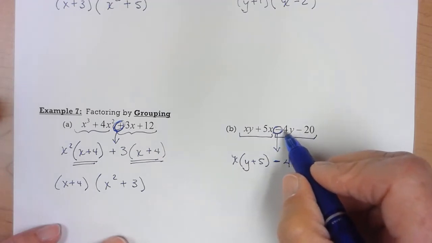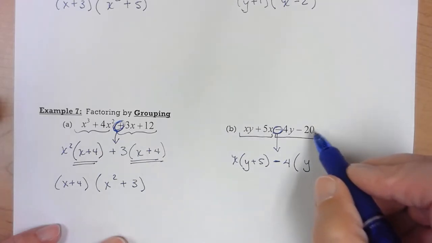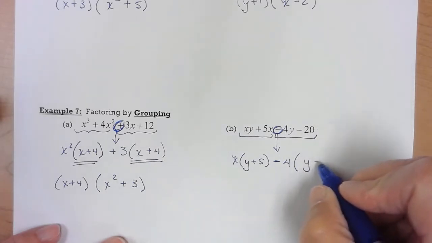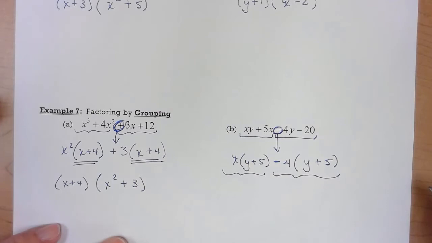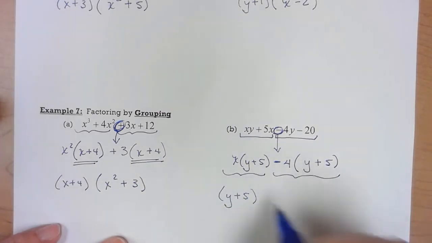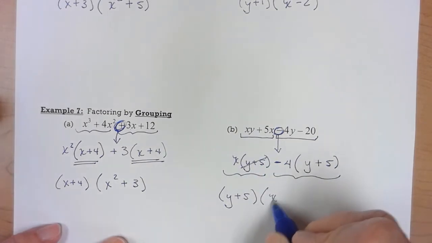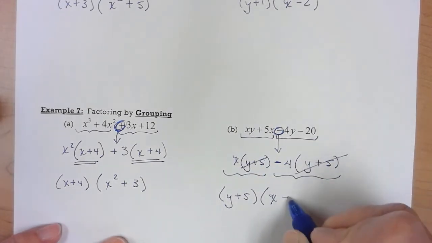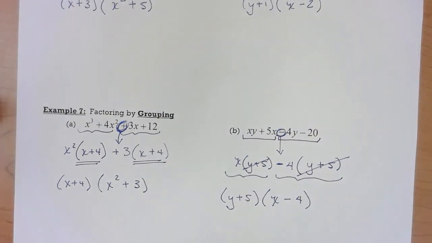So a negative 4y divided by negative 4 gives me a positive y. A negative 20 divided by negative 4 gives me a plus 5. So now I factor out a common binomial. Y plus 5. So I'm going to take that out. So in my second parentheses, I've got an x, and I've got a minus 4. So that's it for this one.